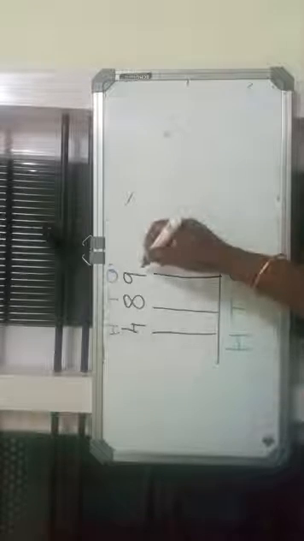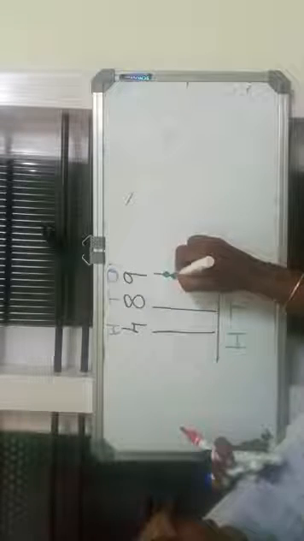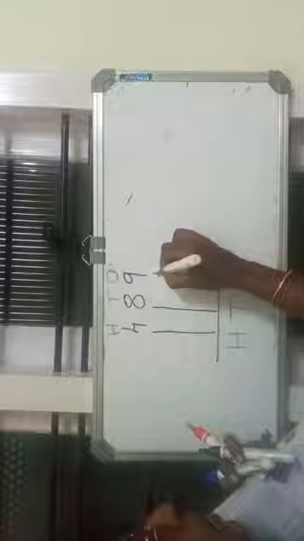And in ones place, how many beads? 9 beads you have to draw. Ones place, 9. So 1, 2, 3, 4, 5, 6, 7, 8, 9. 9 beads. Then in tens place how many? 8 beads.